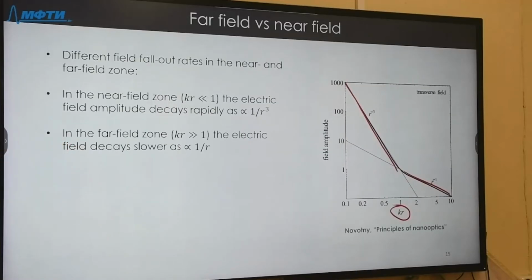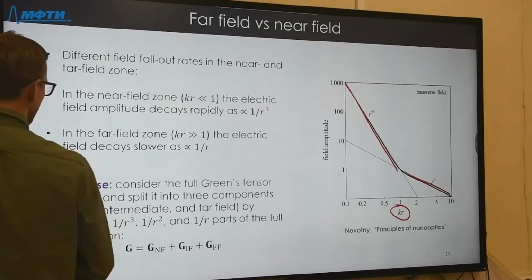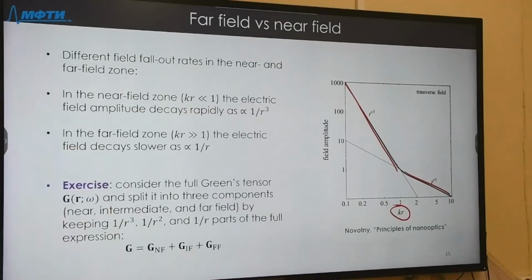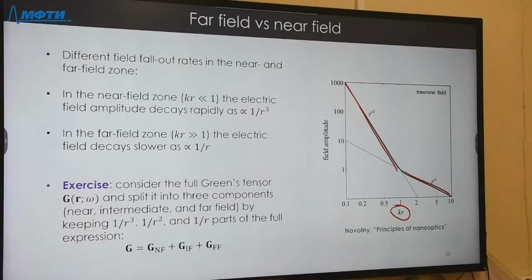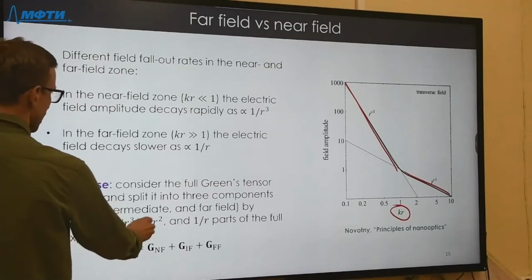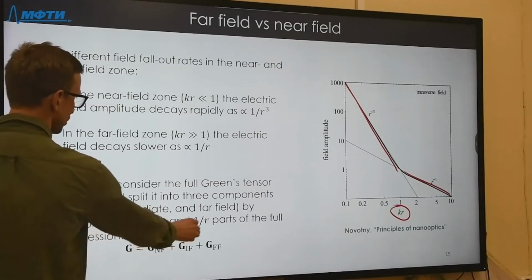And here's a short but useful exercise for you. Consider doing it at home. You can obtain these different expansions, these different parts of the green tensor, by splitting the full green tensor into 3 components by keeping different powers of the expression. You can keep 1 over r cubed, you can keep 1 over r squared, and you can keep 1 over r.